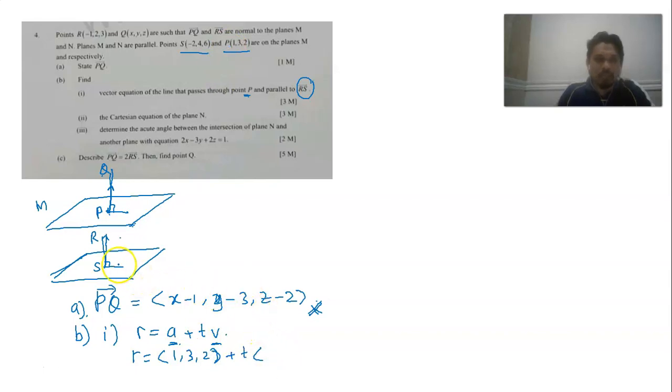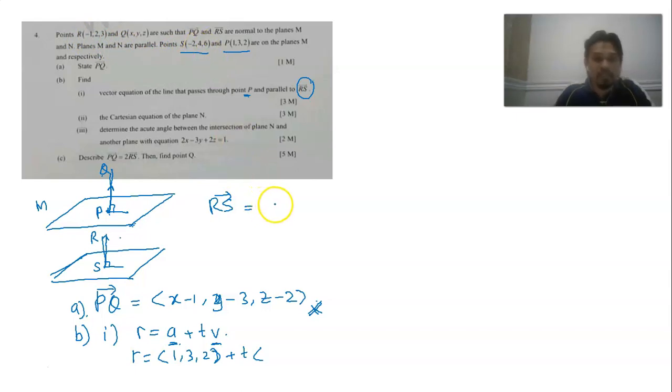We may use the vector RS, from R to S, where S is (-2, 4, 6) and R is (-1, 2, 3).